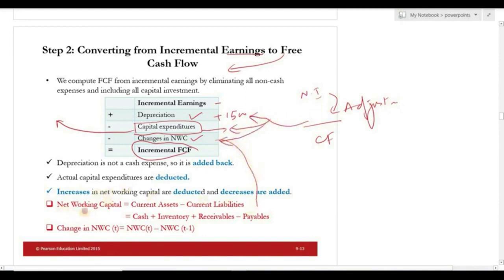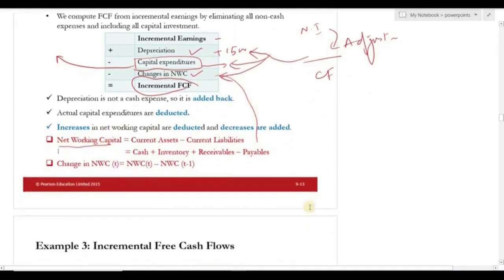Now what is the net working capital? I really want you to understand this. So this is 2010 and this is 2011. Before the years, let me explain. Net working capital is equal to current assets minus current liabilities.